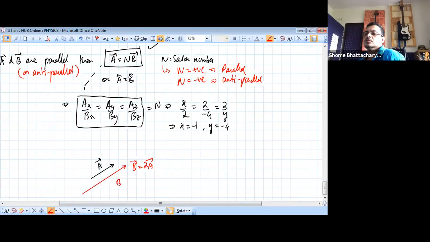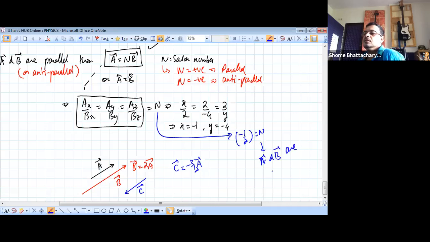But on the other hand, suppose we have another vector like C, which is minus 3 by 2A or something like that, some negative number in between, then that particular vector will look like this. It will be anti-parallel. So you can see that. So here, this ratio, this n is actually equal to minus half. So therefore, A and B are actually not parallel, but they are anti-parallel.